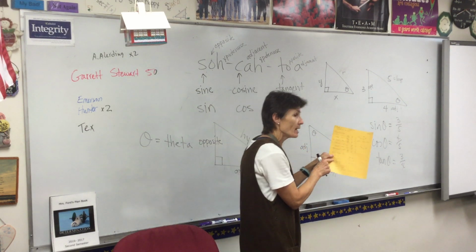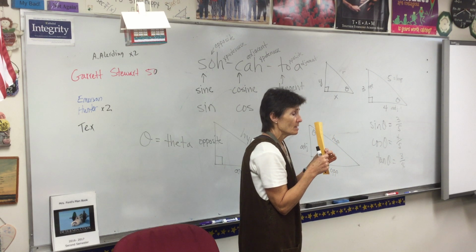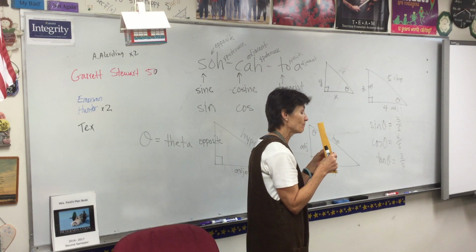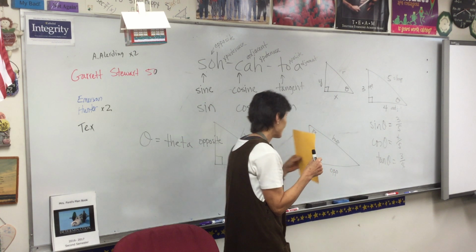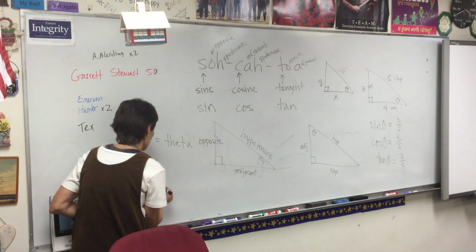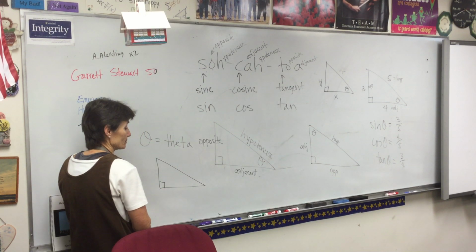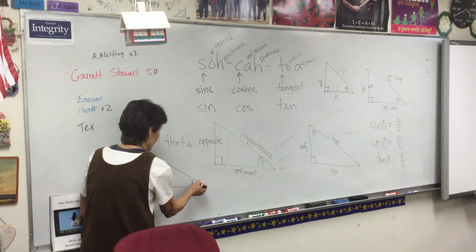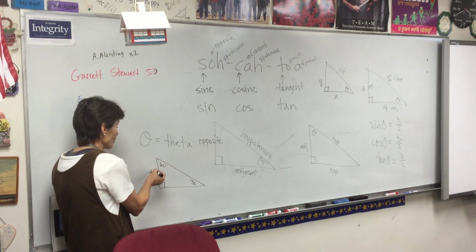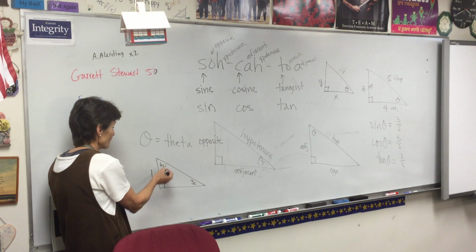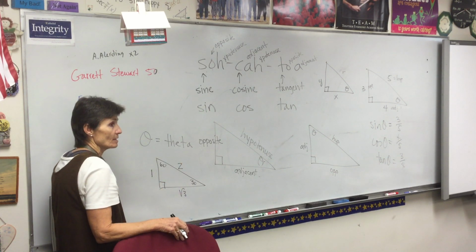Now we also have on this sheet the special right triangles. These are the 30-60-90 and 45-45-90 triangles that you learned in geometry. You've got to go back and refresh on those. In a 30-60-90 triangle, and I'll just draw it the way I did here, but it depends on where you put the 30 and the 60, always across from the 30 is 1, across from the 60 is root 3, and the hypotenuse is 2.